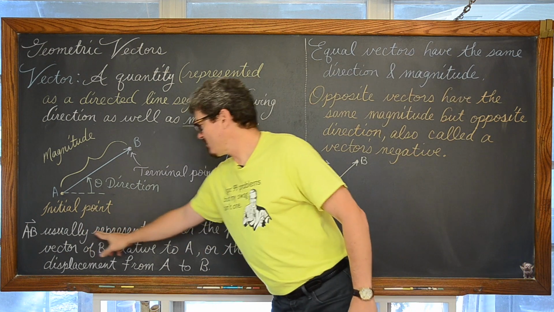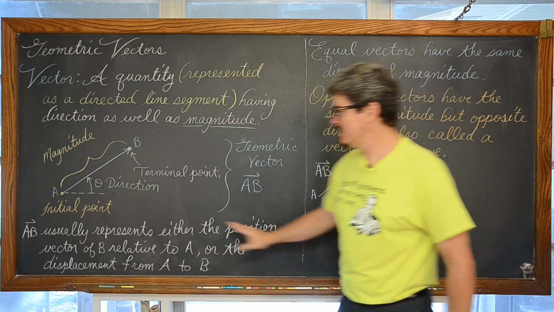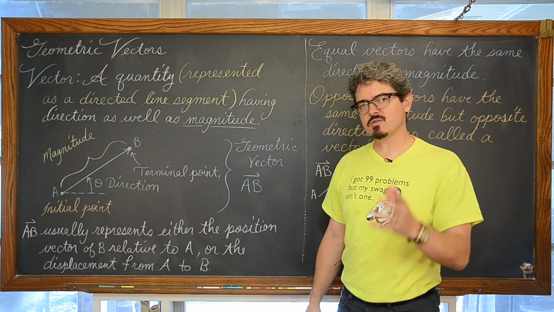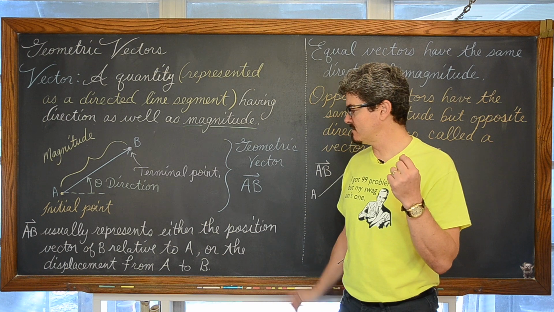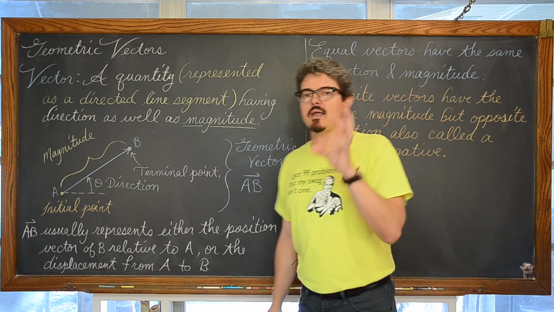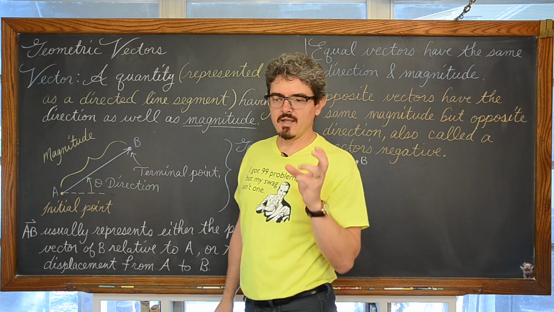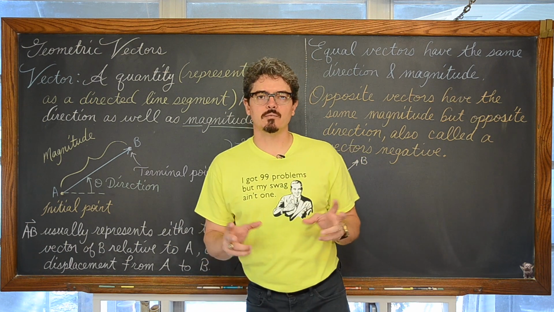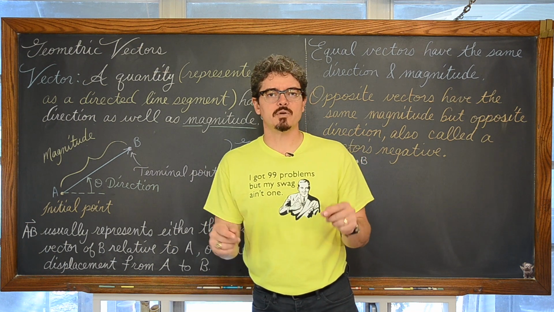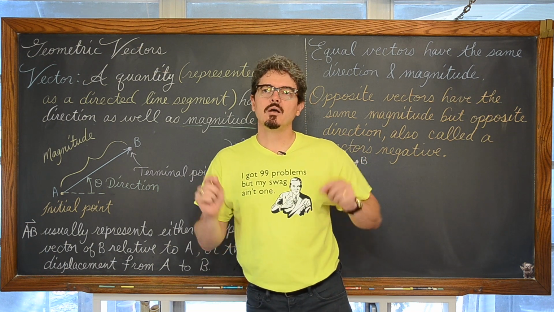Now AB usually represents either the position vector of B. You're not going to see this necessarily in this section, but in the upcoming ones, this part of the sentence will make more sense. When you look at an analytical representation of a vector, one of its formats anyway, it looks very similar to the coordinate of a point, but it's going to have a little bit different notation.